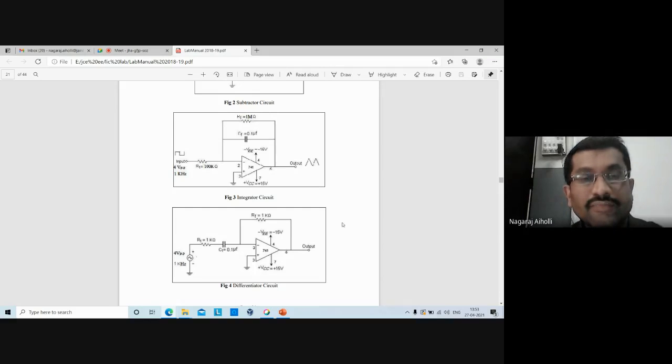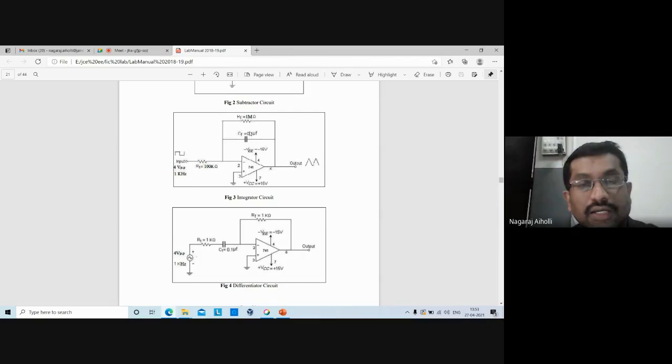If you integrate a square waveform, the output is a triangular waveform. Integration of square wave input produces triangular output.